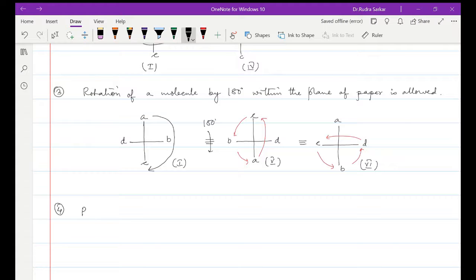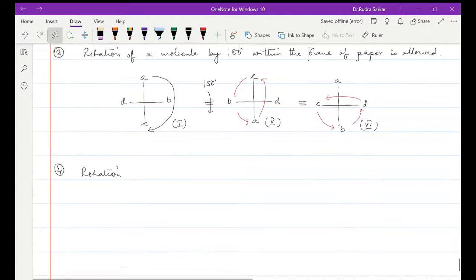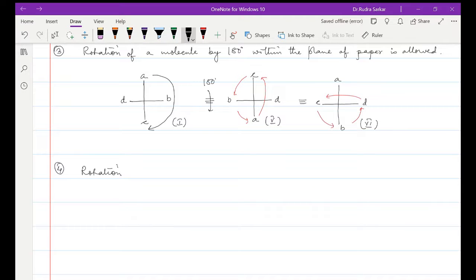However, is rotation by 90 degrees possible? No. Rotation of a molecule by 90 degrees is not allowed. Why is it not allowed? Let's see.